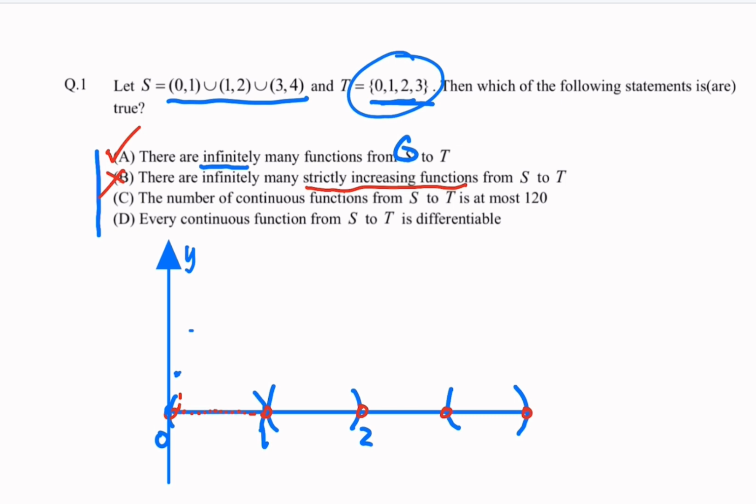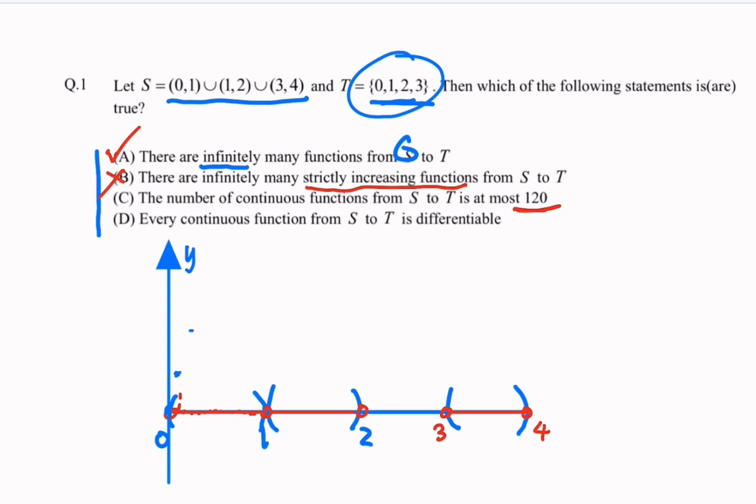Okay. Now the number of continuous functions from S to T is at most 120. So, continuous function. Notice that the domain here is disconnected. We have one interval here, another one here from 1 to 2, and another one from 3 to 4.